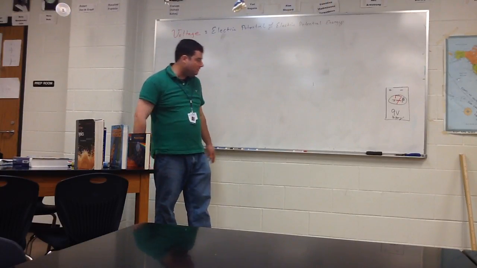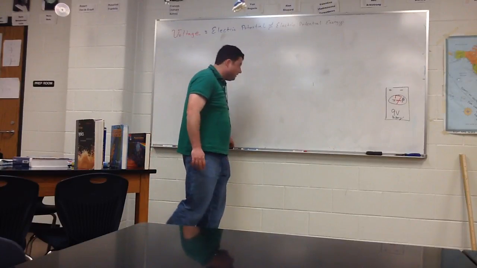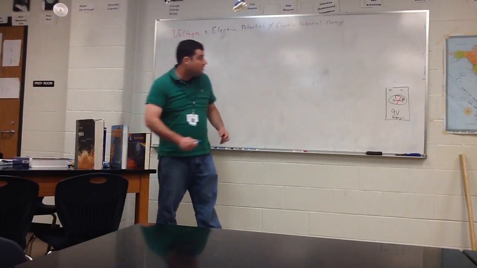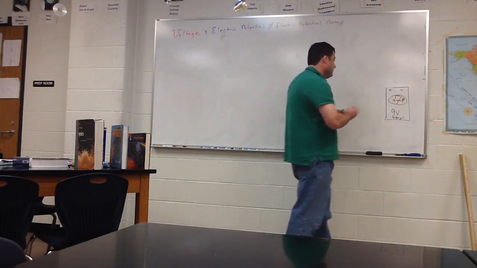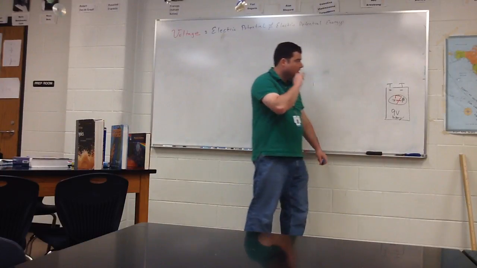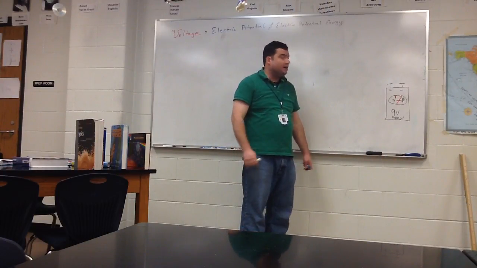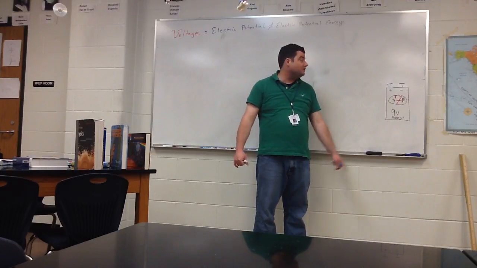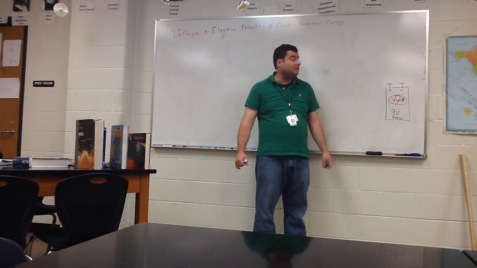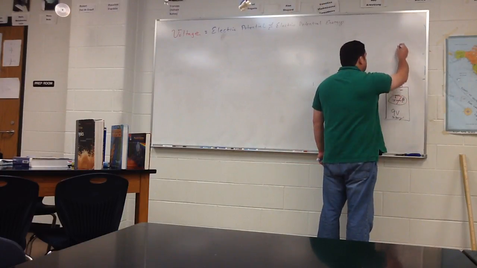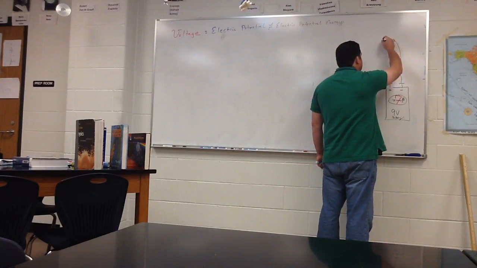So let's take a look at a battery. I've got here a 9-volt battery. It's got a positive terminal and a negative terminal. What that means is that at the negative terminal, a chemical reaction is happening that donates electrons. At the positive, there's one that's consuming electrons. I'll hook them up to a light bulb.